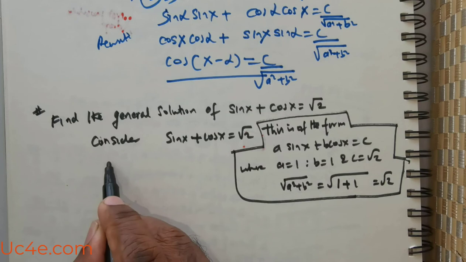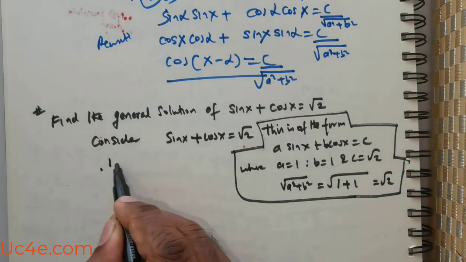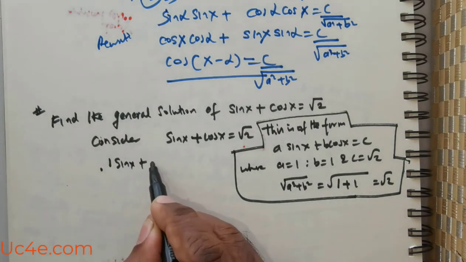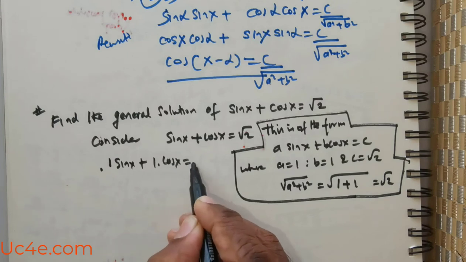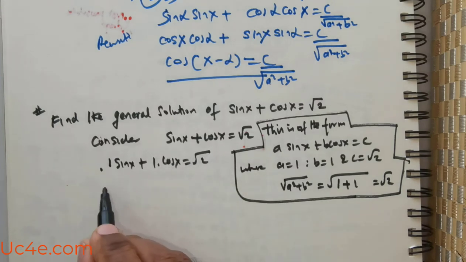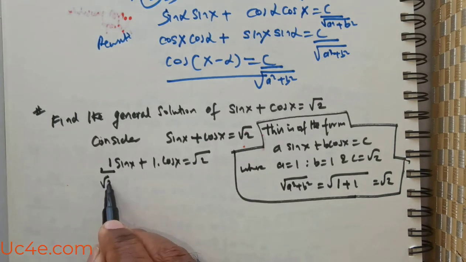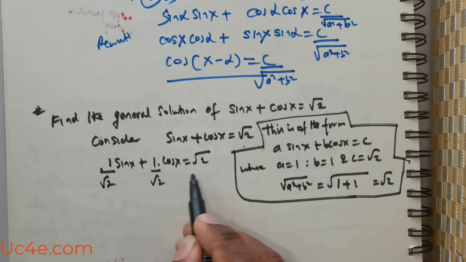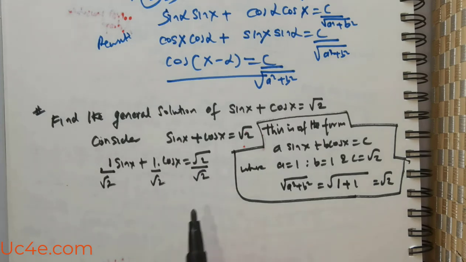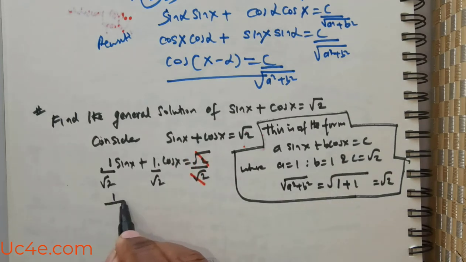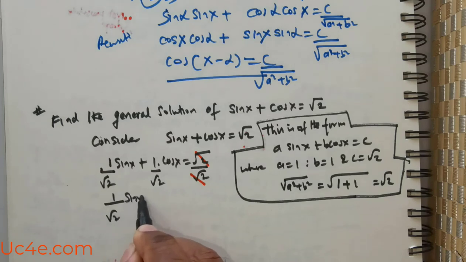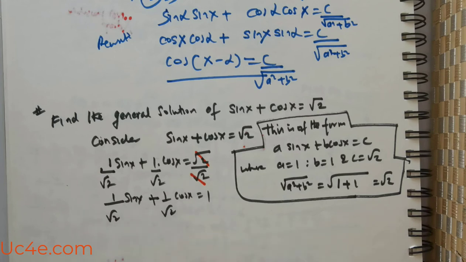So this is going to be 1 times sin x plus 1 times cos x is equal to root of 2. And I would divide this by root 2. Now clearly root 2 can be cancelled. Now I got 1 over root 2 times sin x plus 1 over root 2 times cos x is equal to 1.